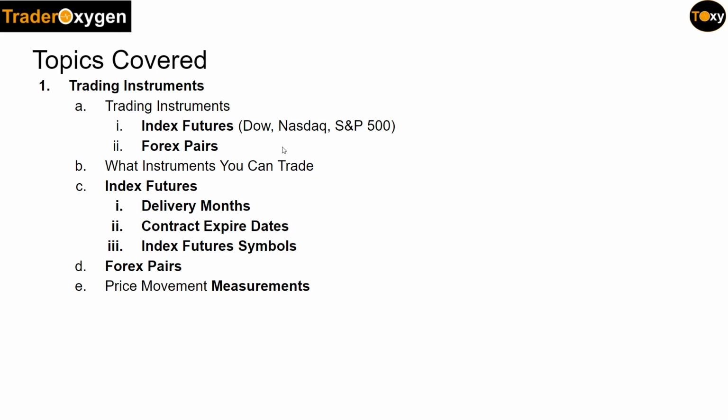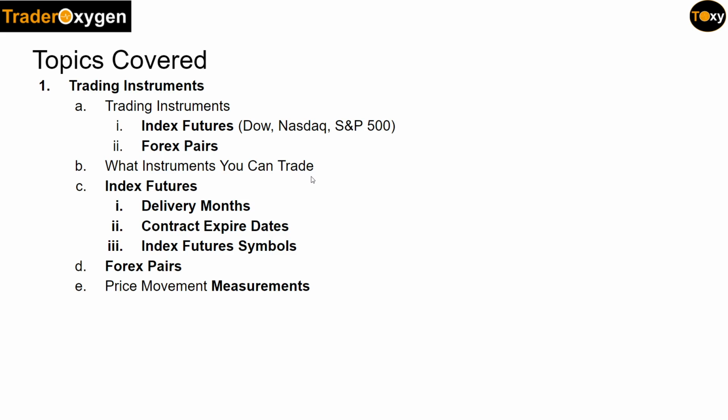For example, in the trading team at Trade Oxygen, some of our traders trade index futures. Some trade only Dow, some trade only S&P 500, some trade forex, some trade stocks, some trade crypto. So what instruments can you trade?